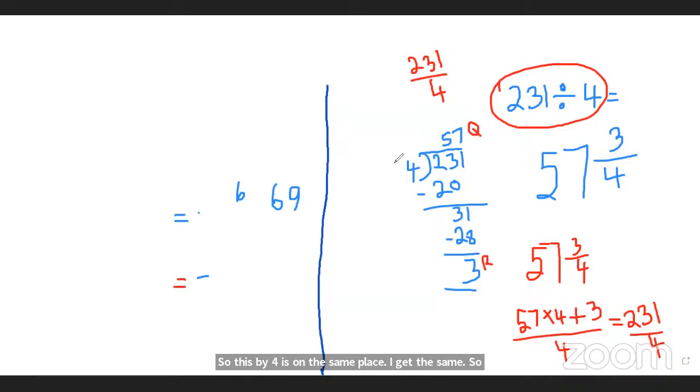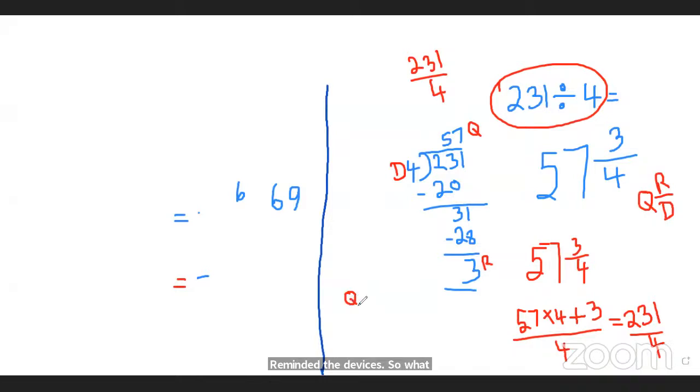So it's called the quotient, remainder, and the divisor. Okay, quotient, remainder, the divisor. So what you're supposed to do is, the quotient is multiplied with the divisor and the remainder is added, whole divided by again the divisor itself.